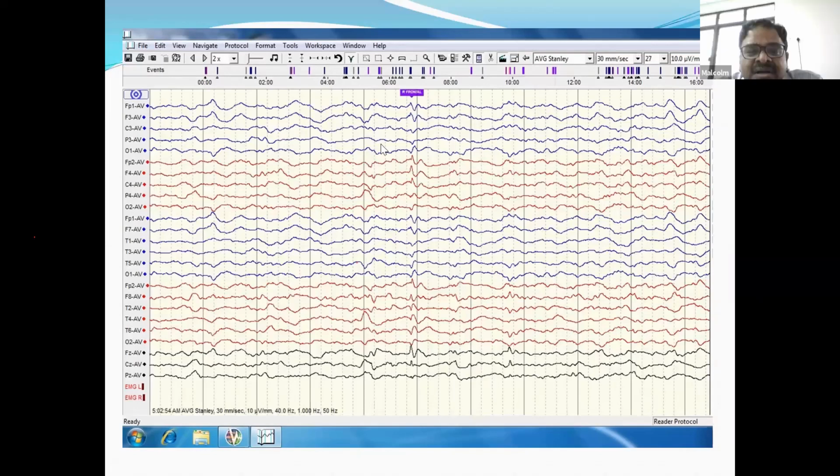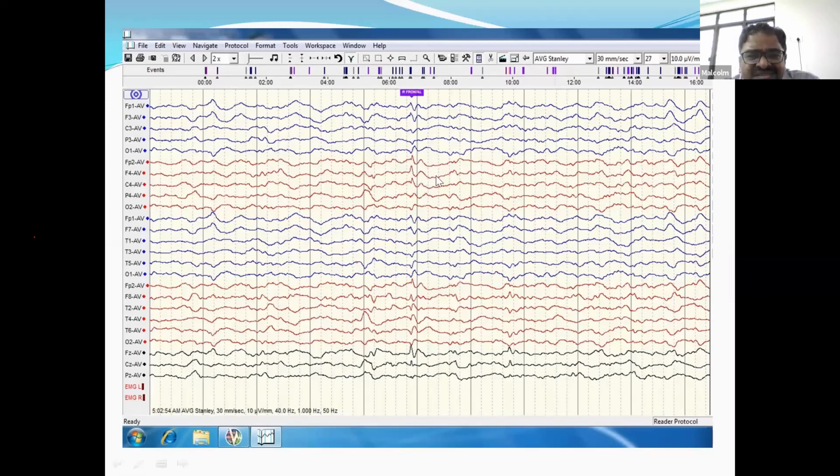Sir, why I brought this particular slide is to understand how close it could be when differentiating between a benign sporadic sleep spike and interictal epileptiform discharges. Now, this transient I am showing you here also mimics a benign sporadic sleep spike.